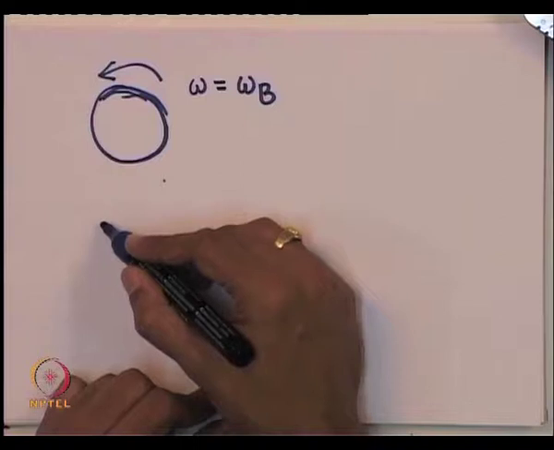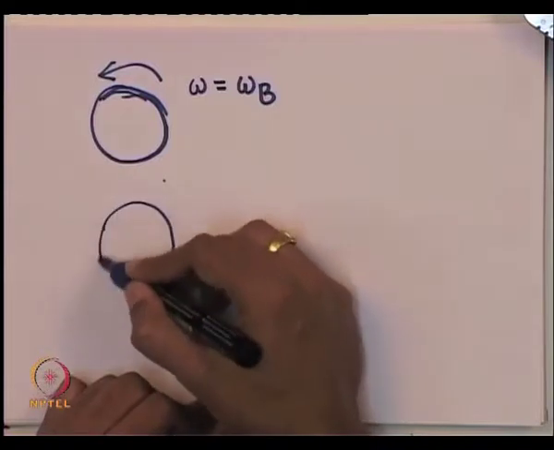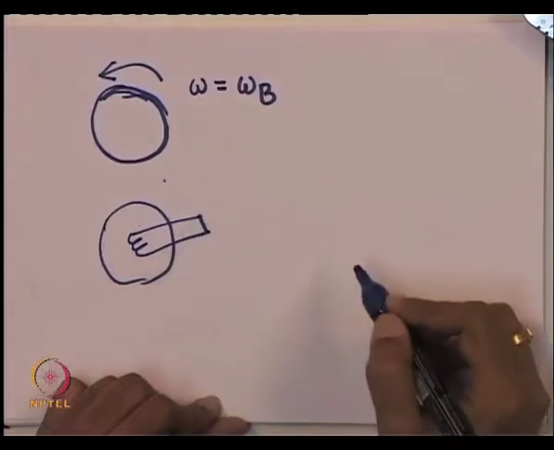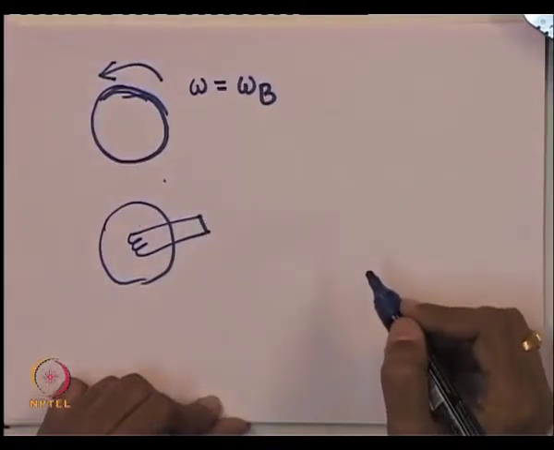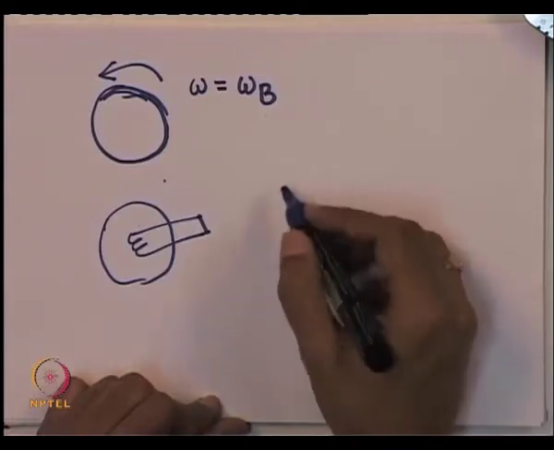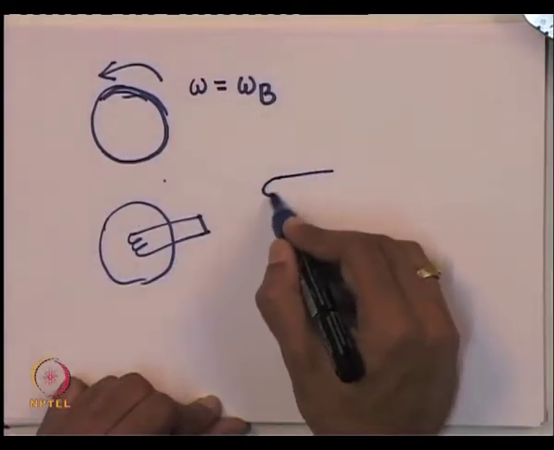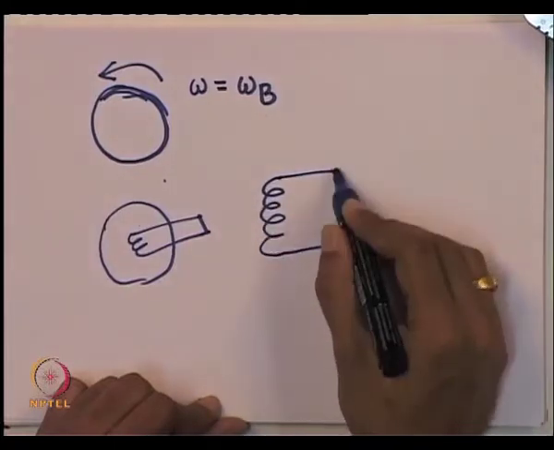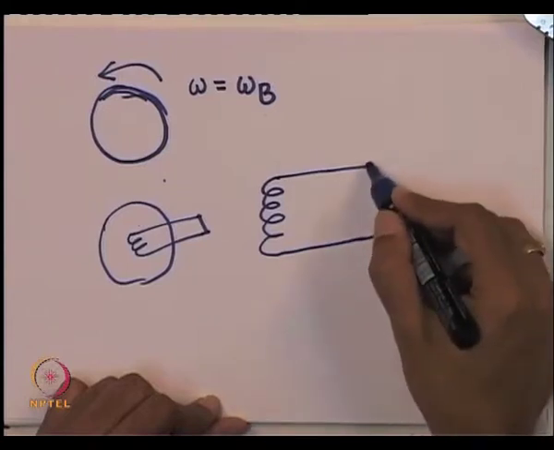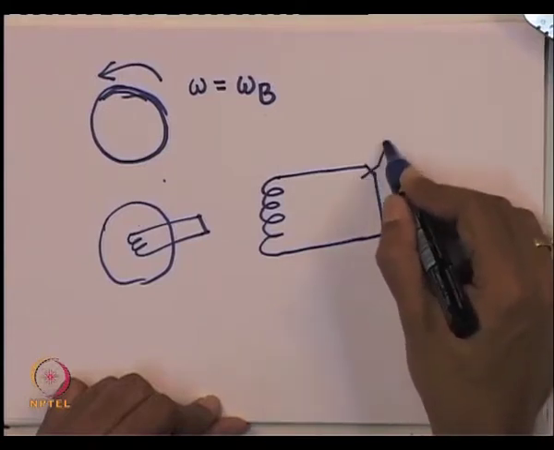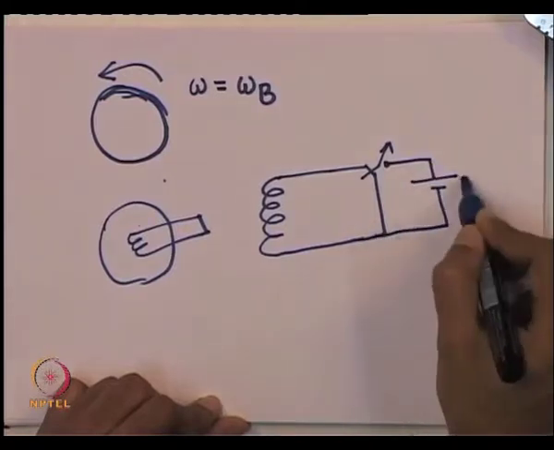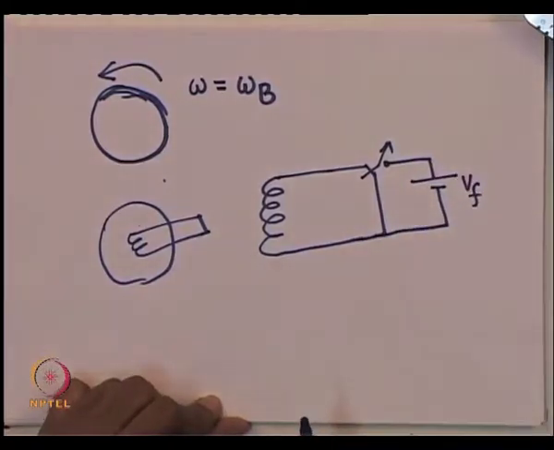The machine initially, the field winding is say short circuited, that is no voltage is applied. And what we do at time t equal to 0, is apply a voltage across the field winding. So, we have a situation like this, to apply a voltage V f on the field winding.